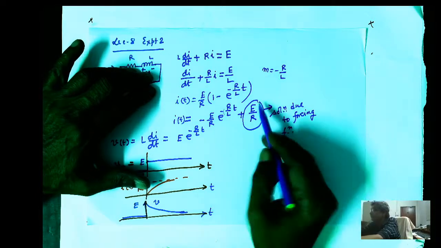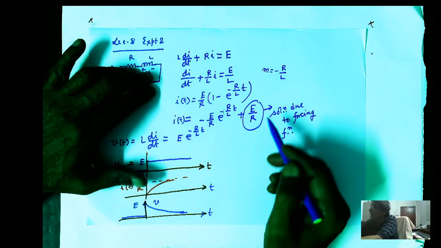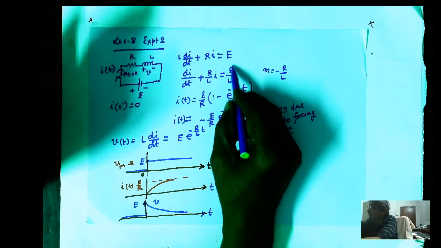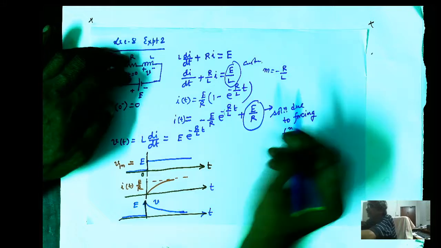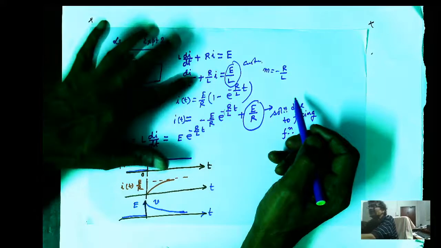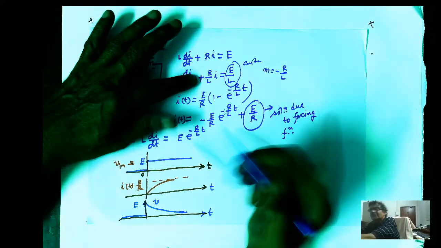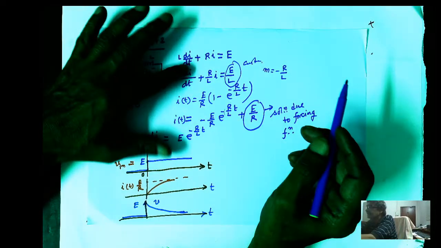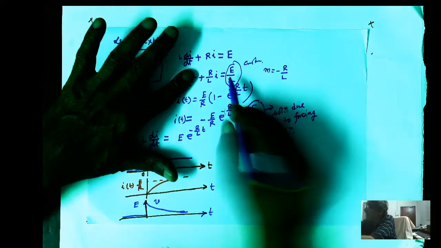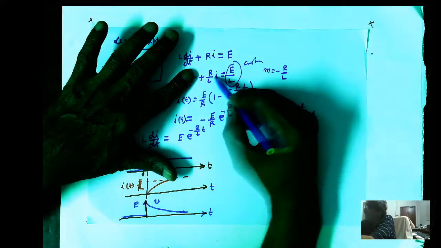And this term, if you look at, when this right hand side is constant, then for the solution due to forcing function you need not go to all those steps, k1 into x, this, that. You simply suppress the d/dt term, and get the value of i from this equation.